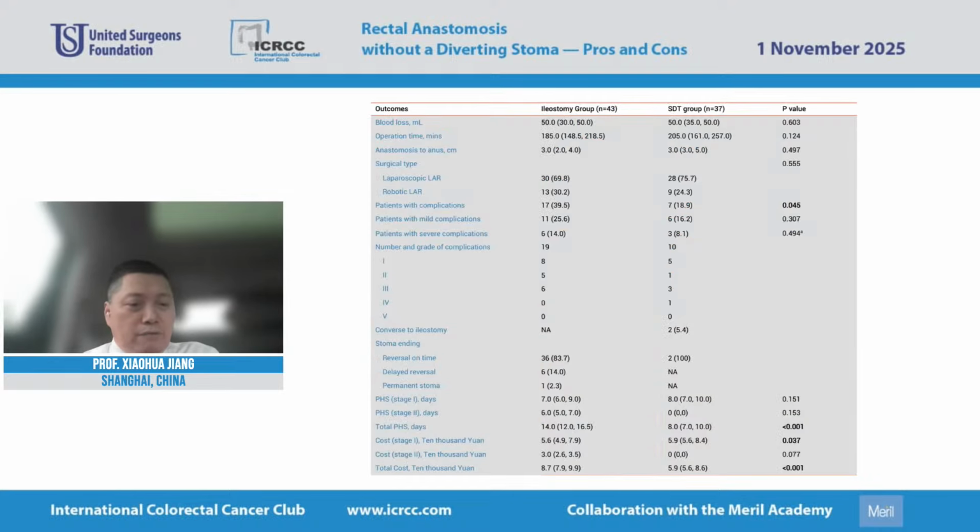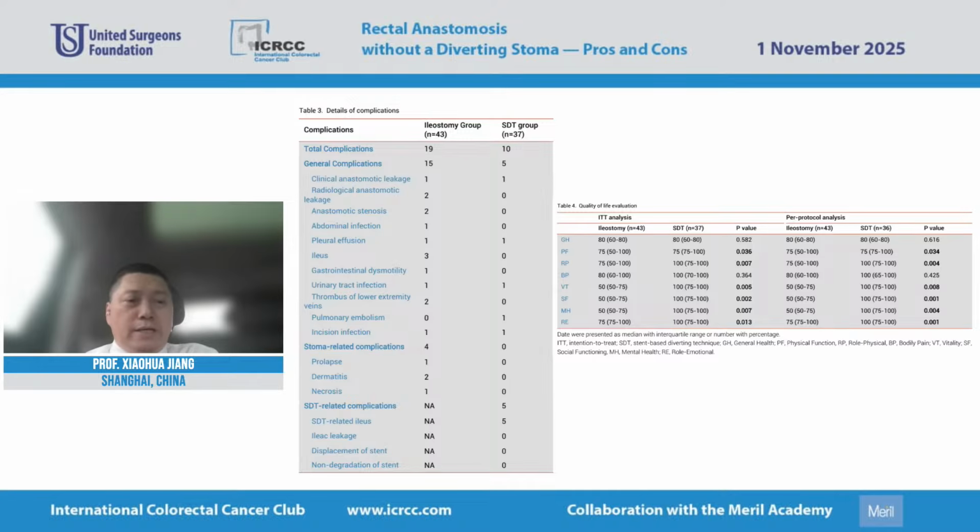The outcome found that for the STT group, the patients have a shorter hospital stay. Total stay is shorter, and the cost is also less for the STT group because only one operation is needed. And for post-operative complications, there is no difference between the two groups.